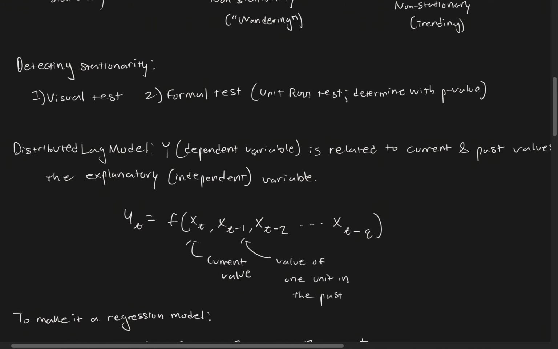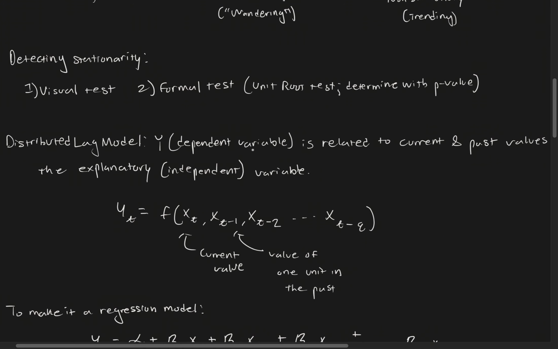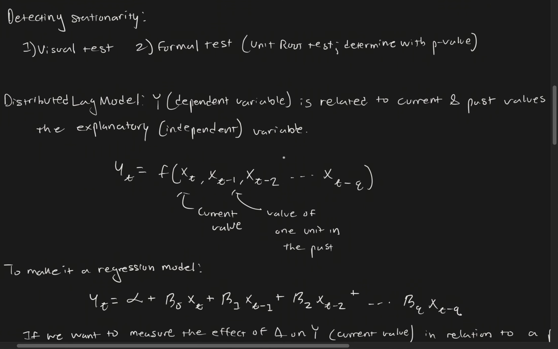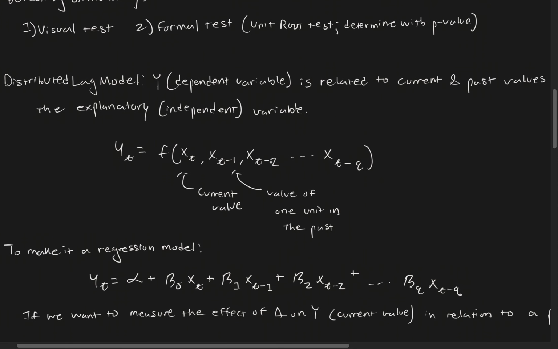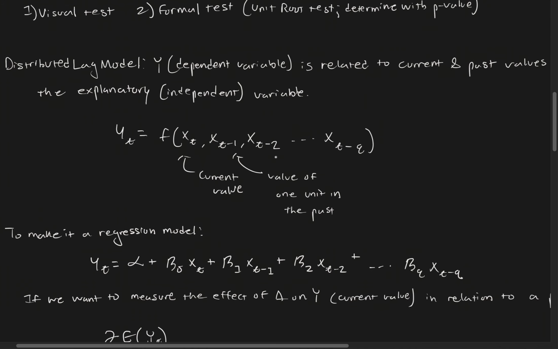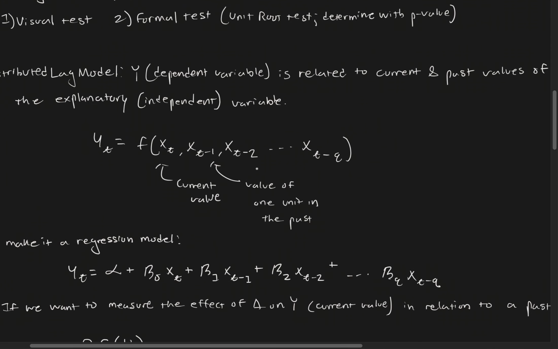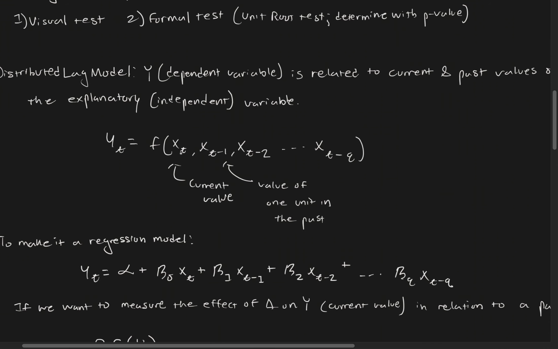All right, let's go over the distributed lag model. So this is our first regression function that I'm going to introduce. At first it looks a little unfamiliar, but really the t just stands for the time-based explanatory variable. So x of t, and then x of t minus 1 is the value of 1 unit into the past.